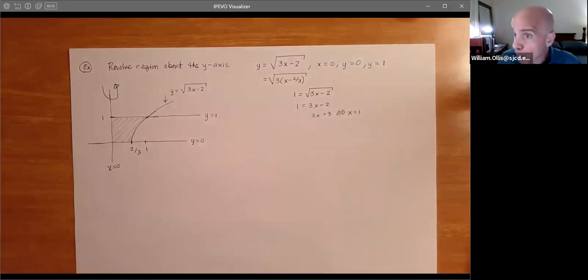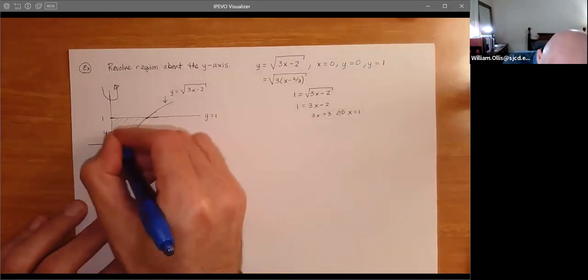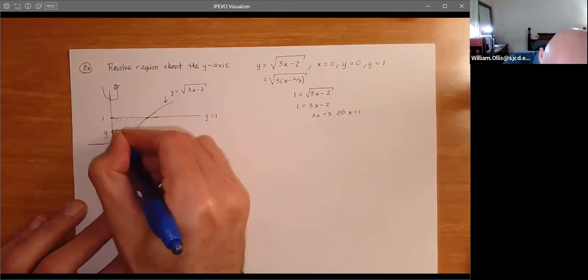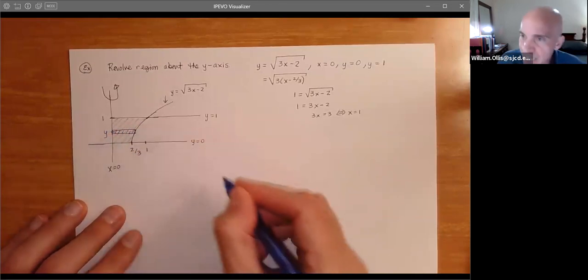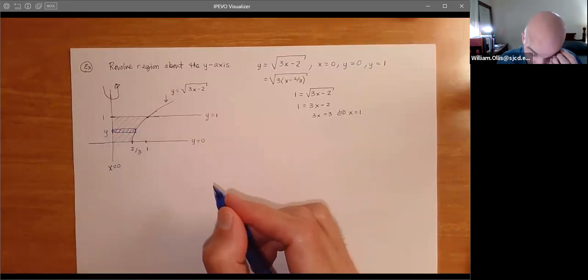So now, easier problem, right? We've got a y here that we take and we make our rectangle. These are fun problems and maybe give you a little break from the tedium of the integrals with the inverse sine and all that. I love integrals, but I know they can get kind of dry after a while.